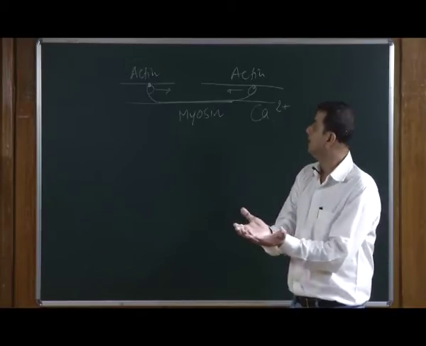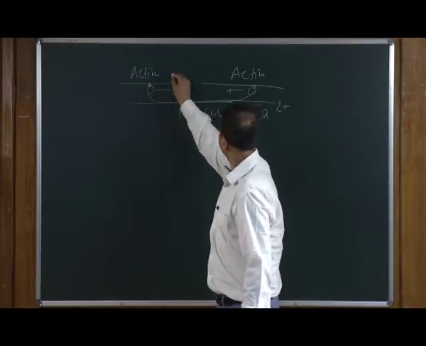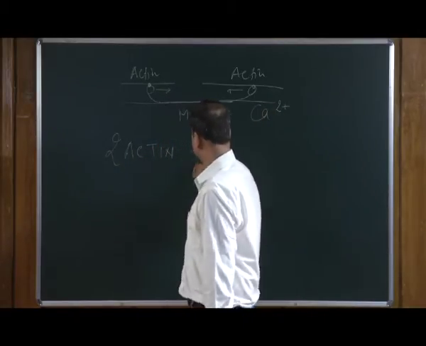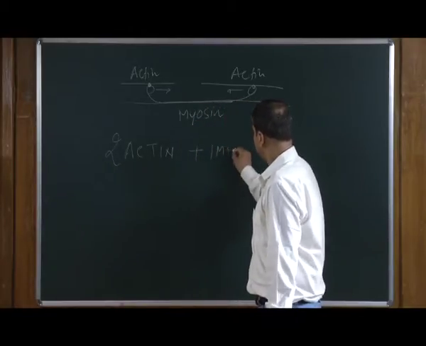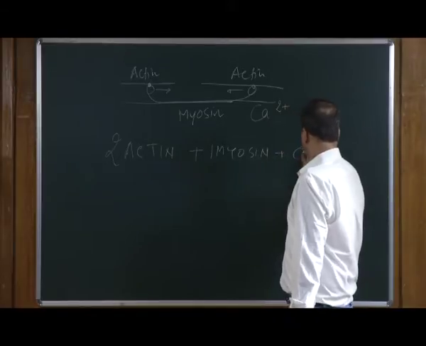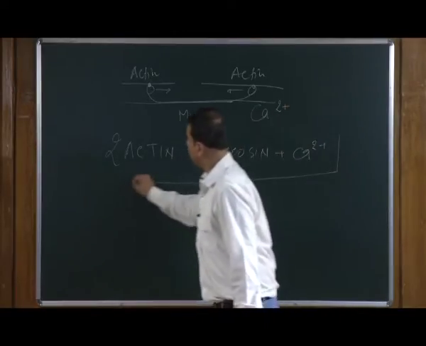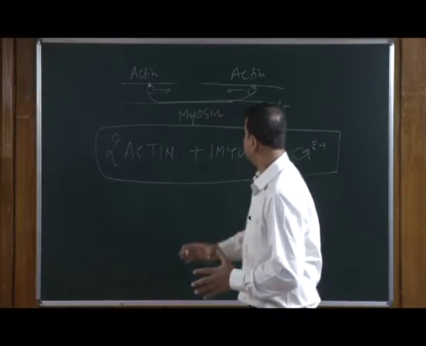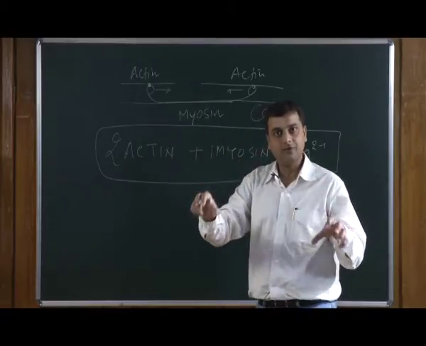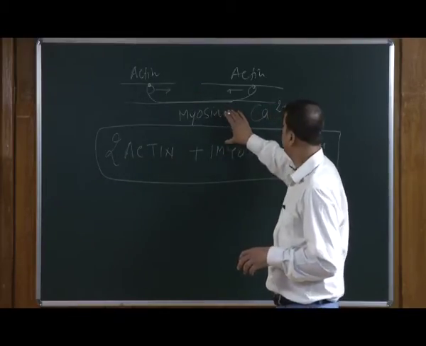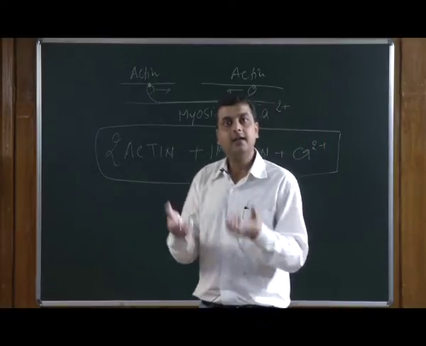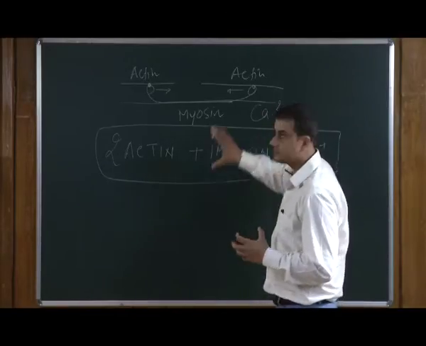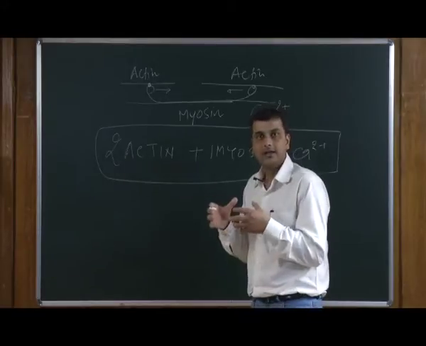If we look in total at what is involved here, we can write 2 molecules of actin plus 1 molecule of myosin and this calcium. This is the ultimate unit of muscle contraction. That means the 2 actin filaments along with 1 myosin filament are associating with the addition of calcium ion, which is coming from the sarcoplasmic reticulum, and because of this whole combination, what we are getting is muscle movement.